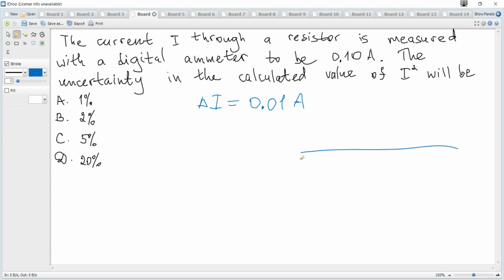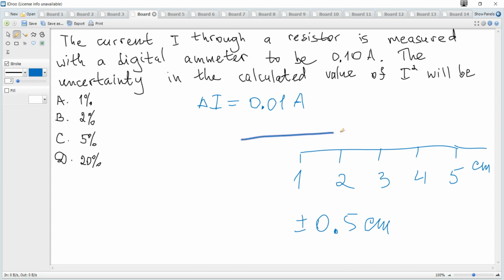For example, if you use such a ruler, in centimeters, half the smallest increment, you can see that it's 0.5 centimeters, so it will be plus minus 0.5 centimeters.